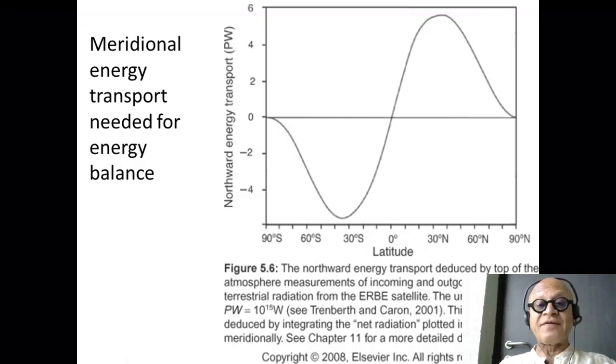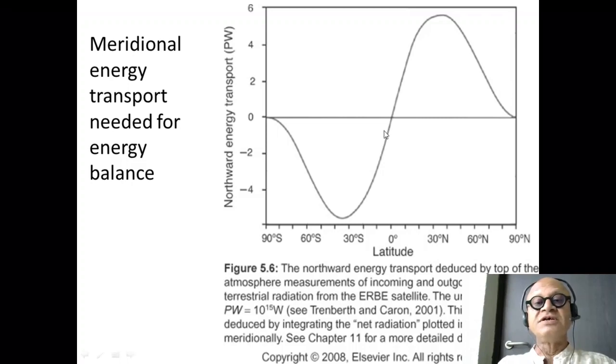They take the top of the atmosphere energy measurements from satellites. Especially when you want to add the ocean and the atmosphere together, you will need other constraints on how to provide the details of the energy transport by the atmosphere and by the ocean.